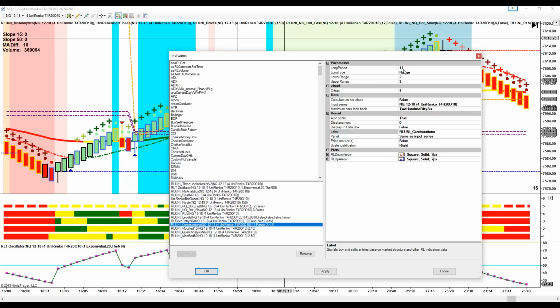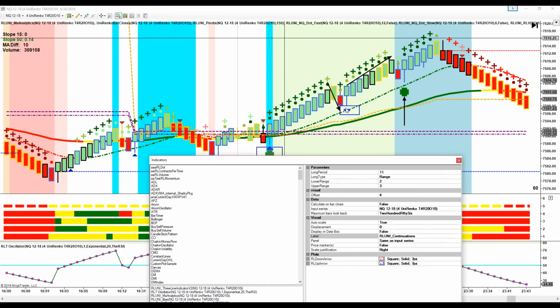Now, range and Renko are very similar. The only thing that determines when you get a new range candle is how much the market moves. The only thing that determines when you get a new Renko candle is how much the market moves. So to optimize them, you have to find the right range charts that give you that perfect symmetry to allow you to get a multi-time frame alignment and continuation on this signal off of a different kind of chart.